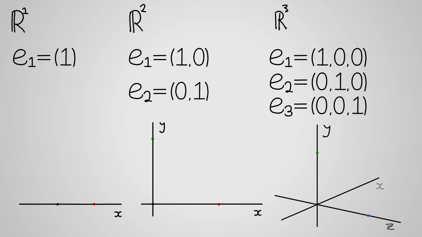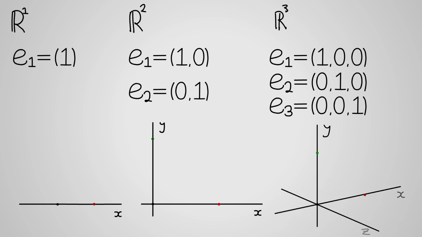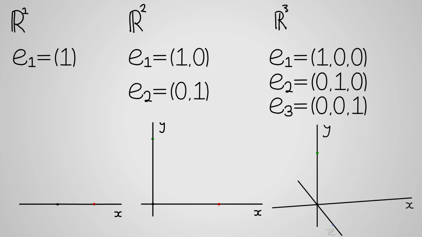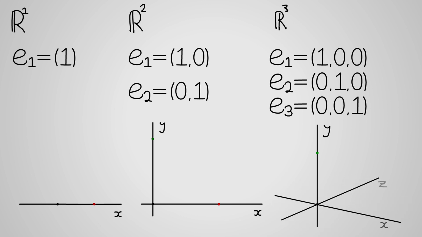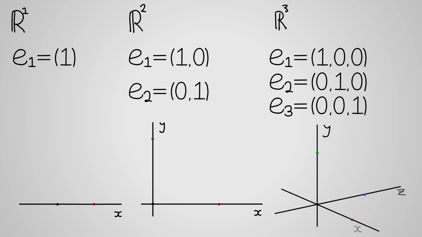We call these the standard basis vectors. That is, if i is a natural number between 1 and n, the ith standard basis vector ei is defined to be the vector with zeros everywhere and a 1 in the ith place. So in R2, e1 is (1, 0) and e2 is (0, 1).